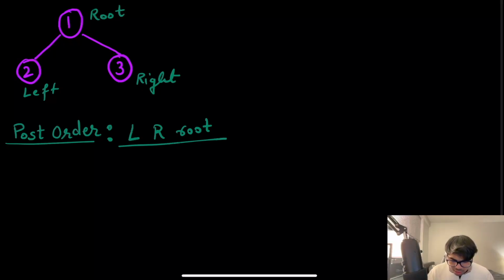So here, like in-order and pre-order, the reason the iterative solution for them was simple is because we were either processing left or root first before going to the right side. And going to the right side means we will never return back. We don't want to come back.